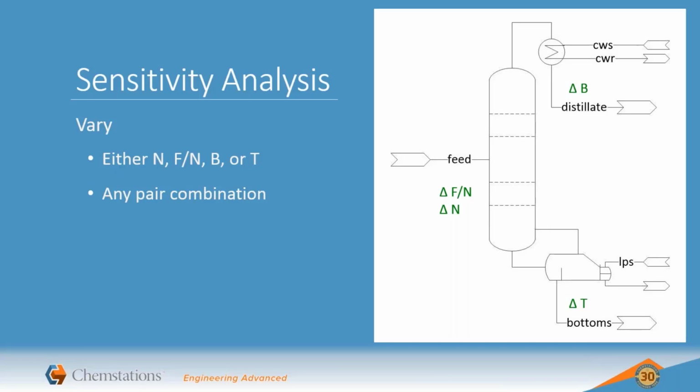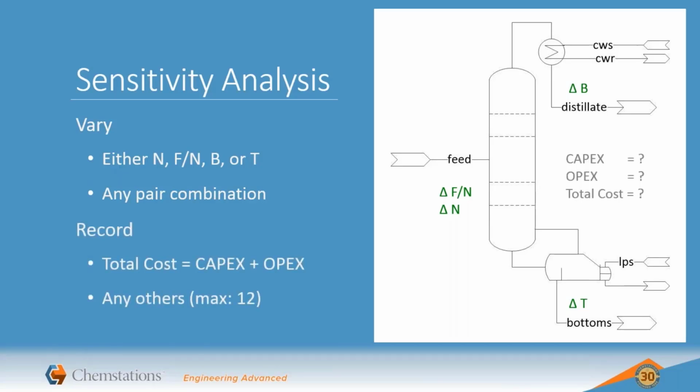These variables are shown in green on this slide, and these are the independent variables. For each value of the independent variables, we would like to record the effect on the total cost, defined here as the sum of the capital and operating expenditures. These variables are shown in gray on this slide, and these are the dependent variables.